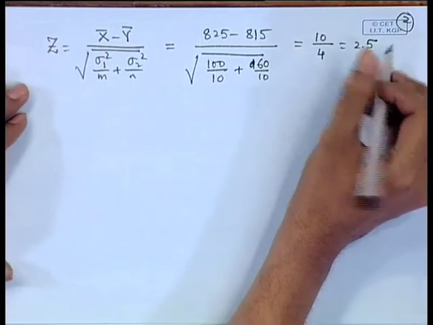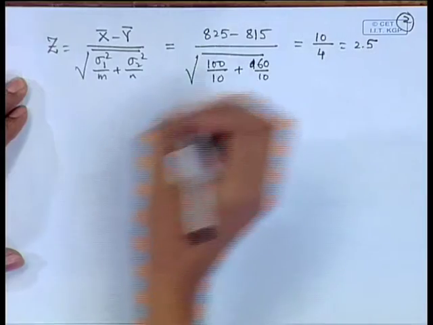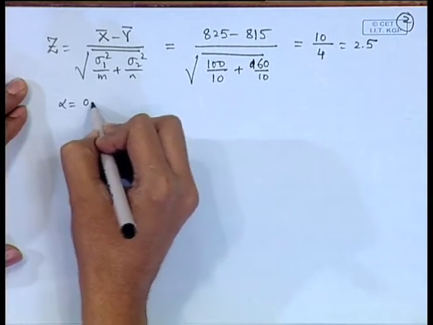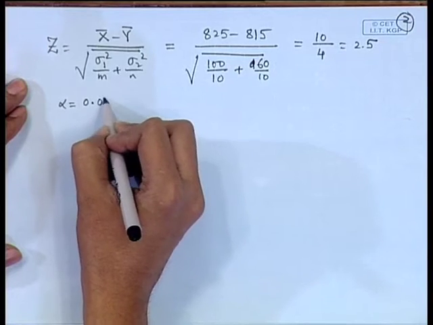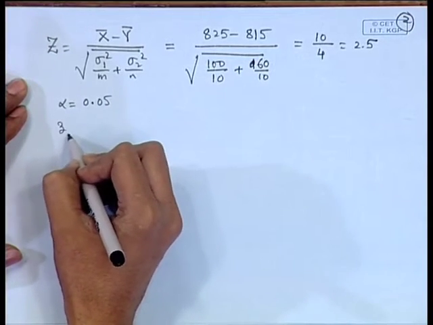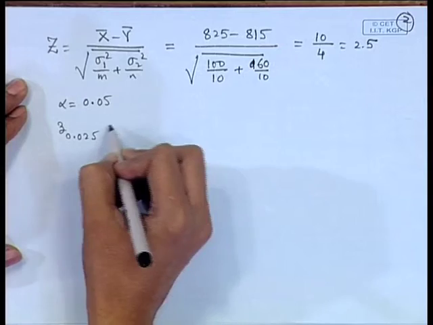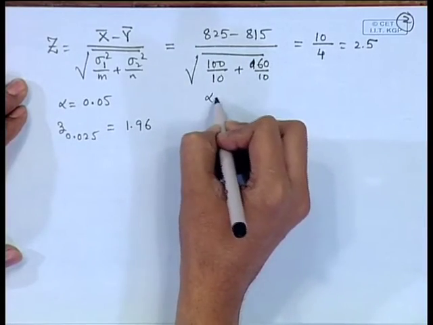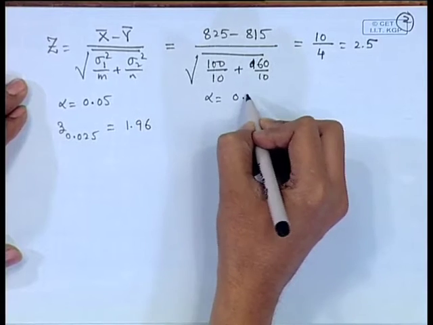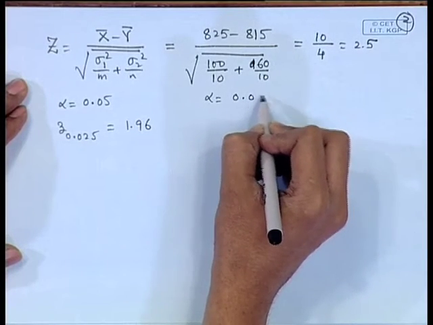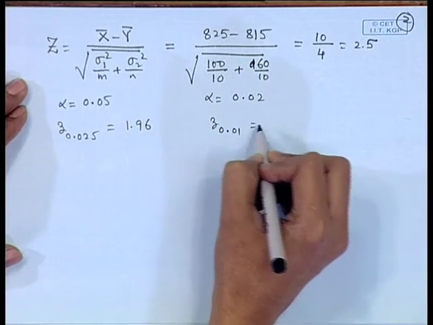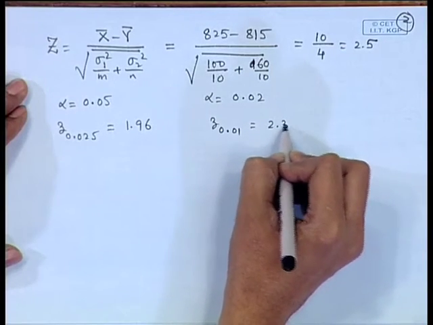If we are carrying out a test at level alpha equal to 0.05, then I need to look at z of 0.025, that is equal to 1.96. Suppose I have alpha equal to 0.02, then I will have to see z of 0.01, that is equal to 2.32.